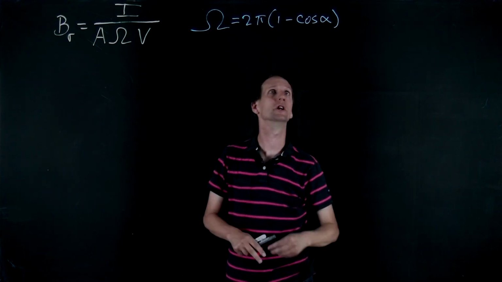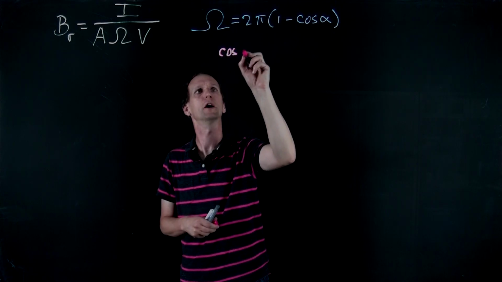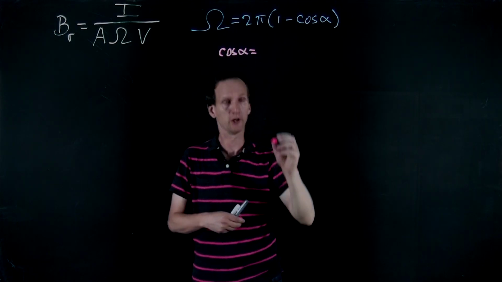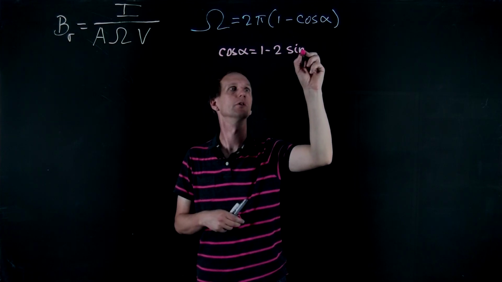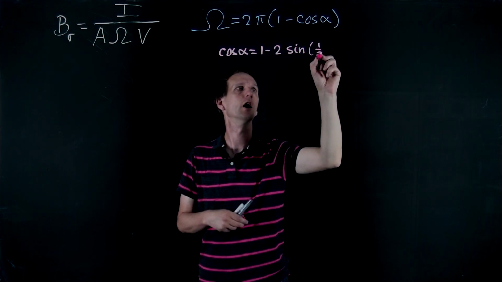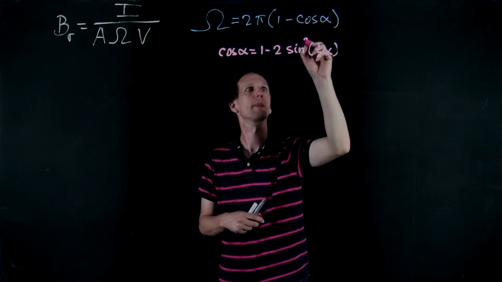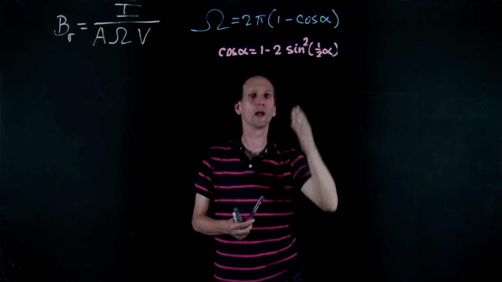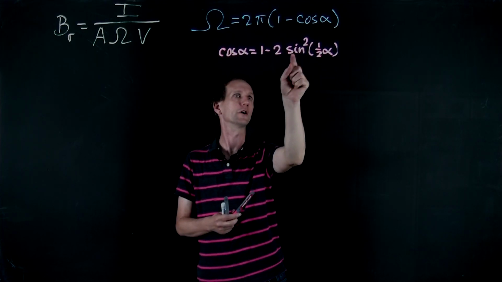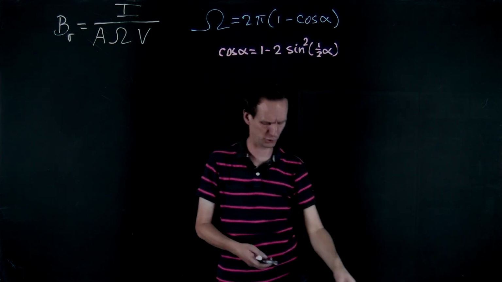And we can use here the geometric expression that the cosine of alpha equals 1 minus 2 times sine of half alpha squared, which if we use our small angle approximation, sine alpha squared equals alpha squared, so in this case half alpha squared.